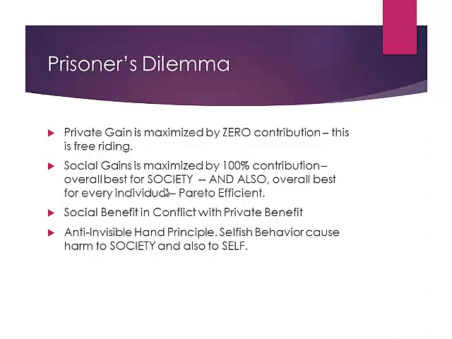So according to the economist prediction, everybody should always contribute 0, because if you maximize your benefits, your maximum is always 0 contribution. Social gain is maximized by 100% contribution. This is overall best for society, and paradoxically, it is also overall best for every individual.